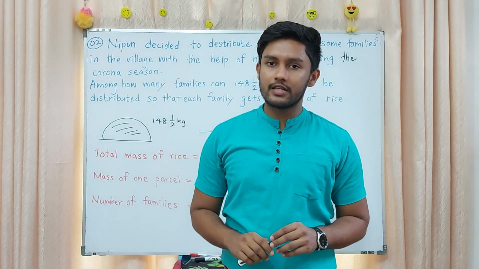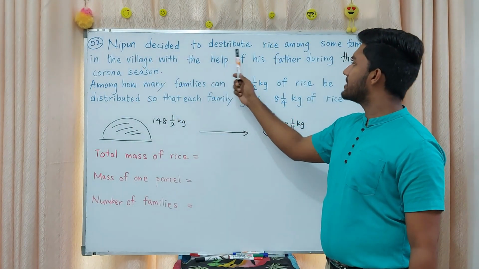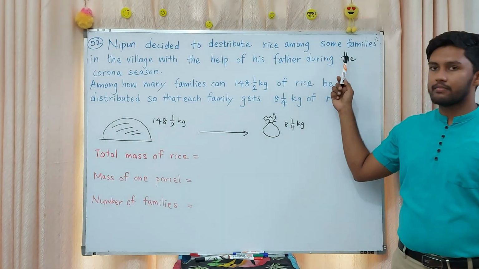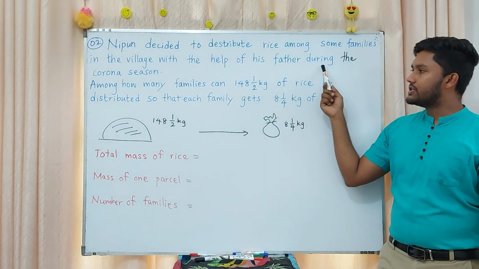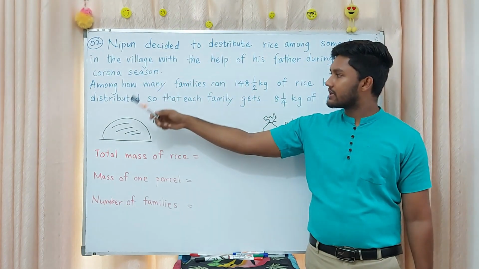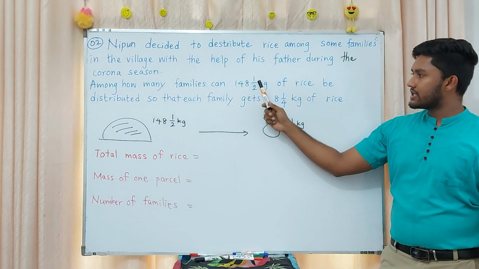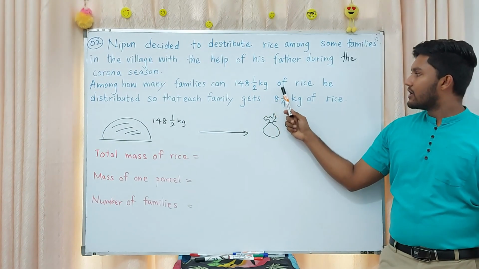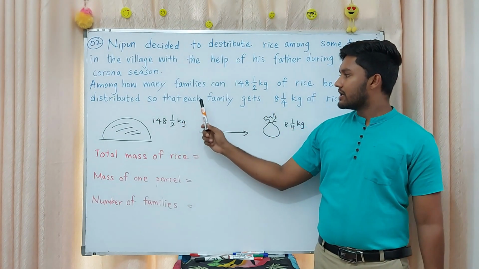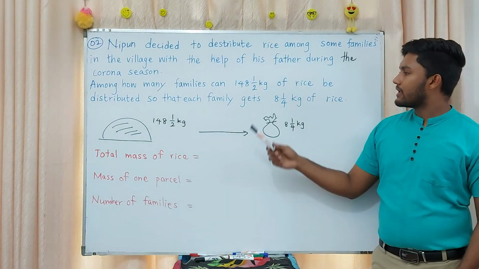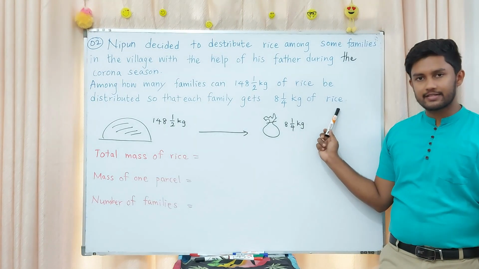When we move on to the second word problem, Nipun decided to distribute rice among some families in the village with the help of his father during the corona season. Among how many families can 148 1/2 kilogram of rice be distributed so that each family gets 8 1/4 kilogram of rice?